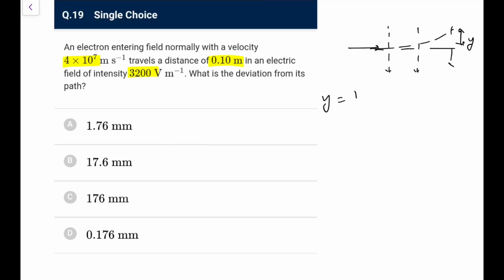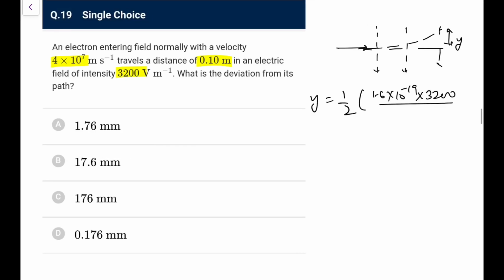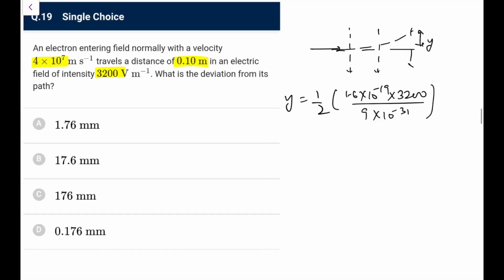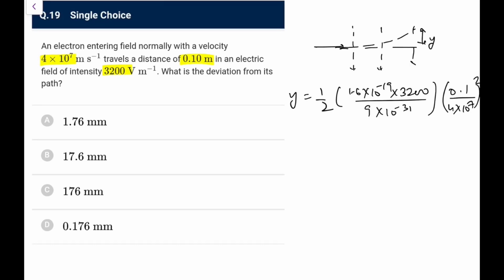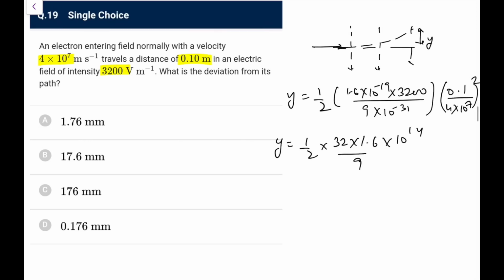So y we can say is half a t square, because initial velocity in y was nothing, and acceleration would be the electron charge 1.6 into 10 to the power minus 19 into 3200 divided by mass, which is 9 into 10 to the power minus 31. The distance is 0.1, so the time taken would be 0.1 upon 4 into 10 to the power 7, whole square. So y would be half, 32 into 1.6, this is 19, 12, 14 by 9, and this would be 10 to the power minus 8, so 10 to the power minus 16 by 16.